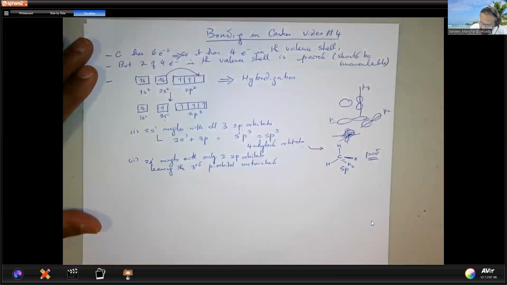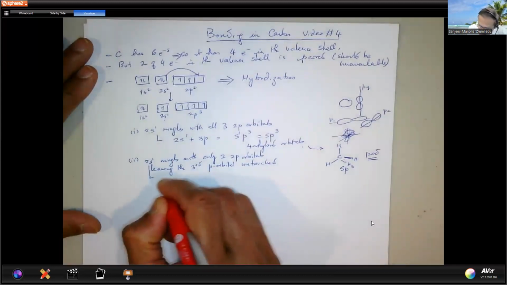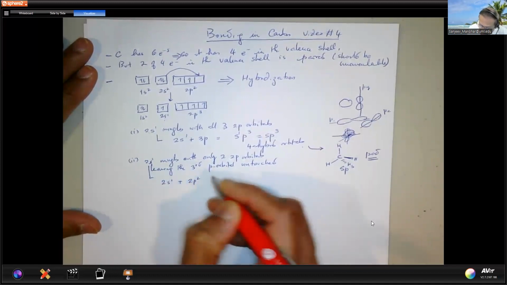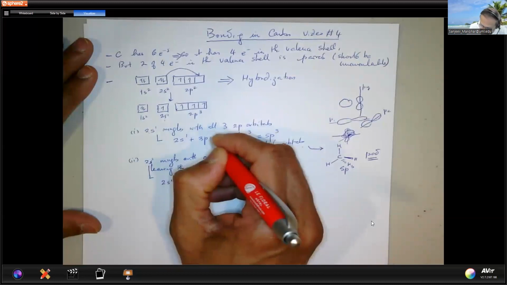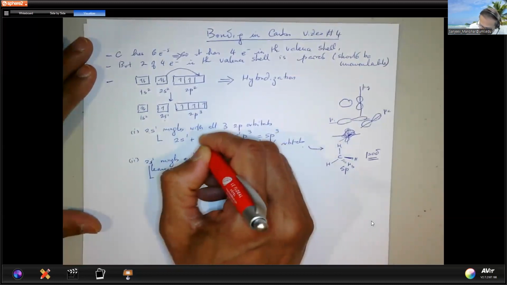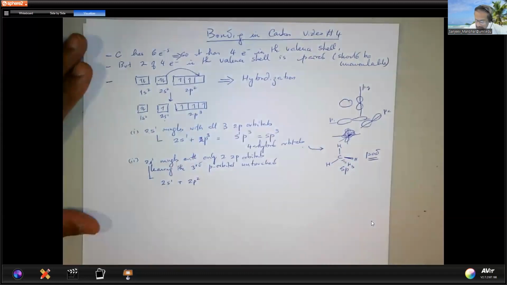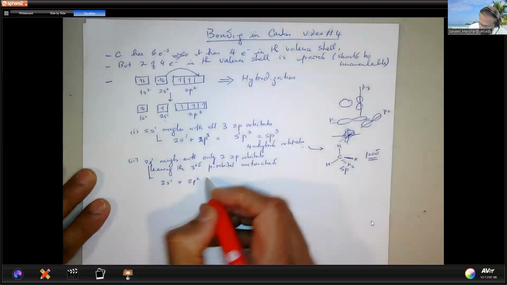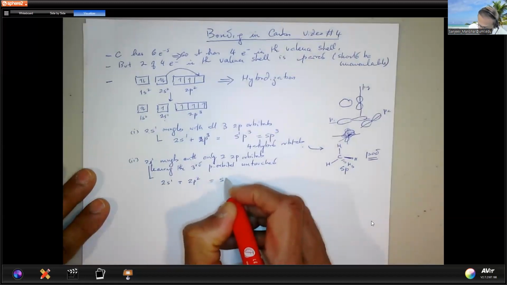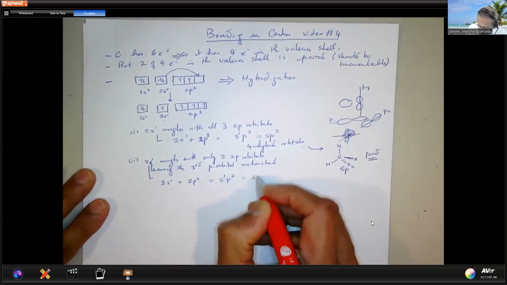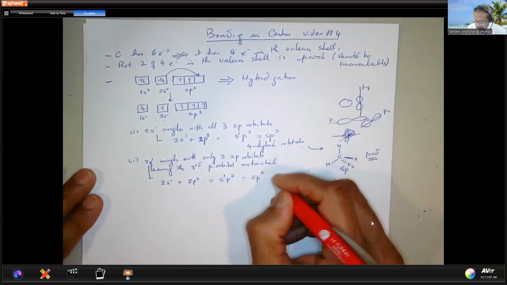How does that look? That's going to be interesting, like 2s1 plus 2p2, right? This is 2s1 plus 2p3, right? So 2s1 mingles with 2p2, so that's an s1p2, which is an sp2 hybrid orbital, right?